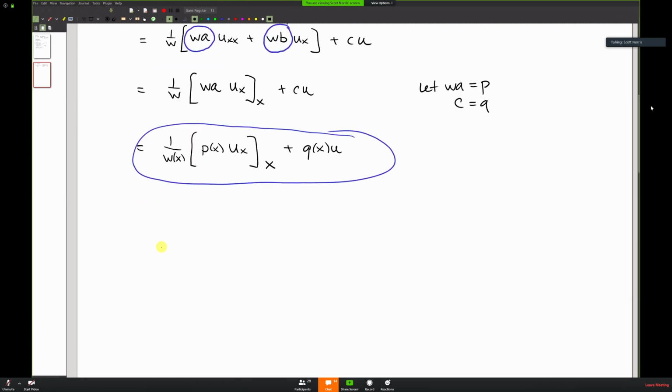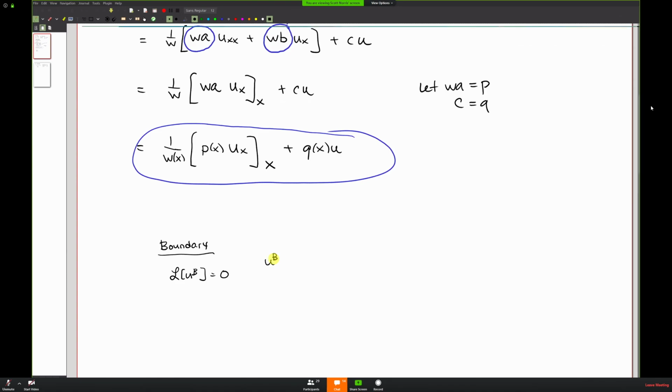The boundary solution, we typically want to satisfy L acting on U boundary equals 0, with U boundary equal to those non-homogeneous boundary conditions.